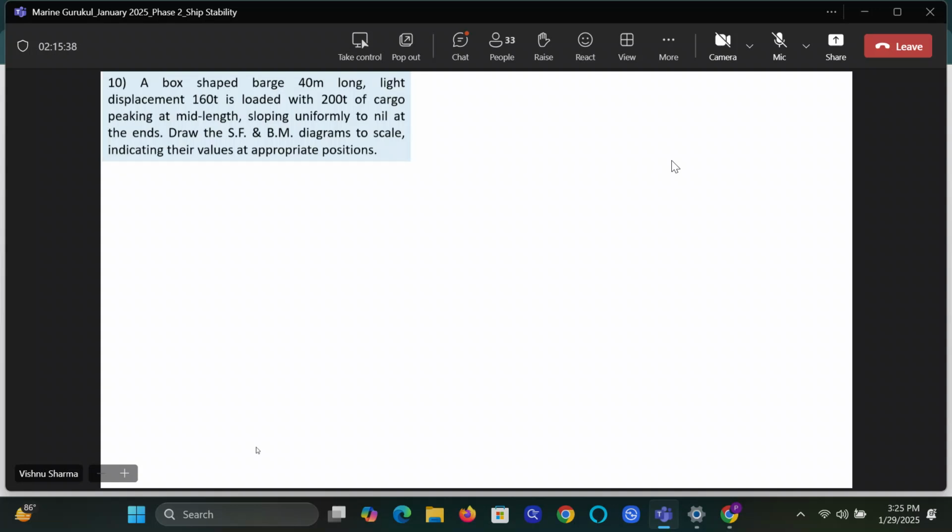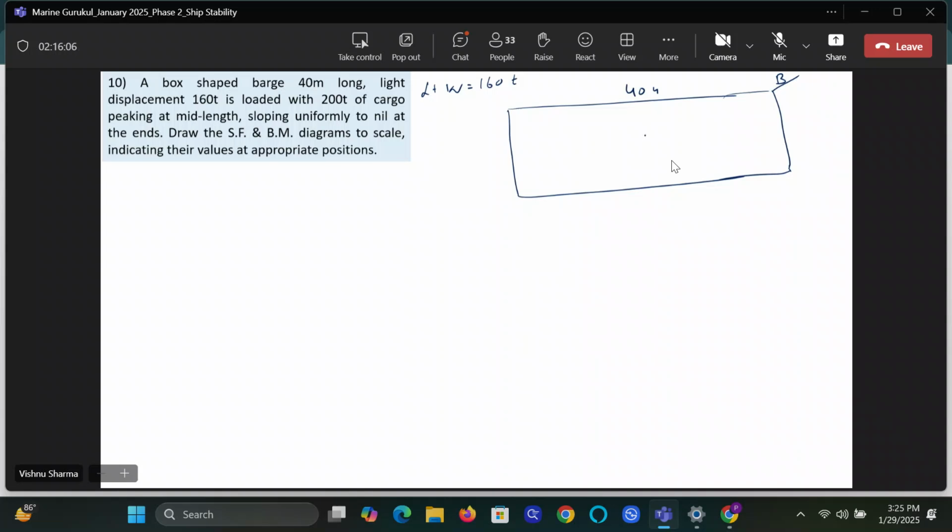A box-shaped barge, 40 meter long. Breadth is not given, let us say B. Light displacement is given, so one part of the table is not an issue: 160 tons. It is loaded with 200 tons of cargo, peaking at the mid-length.